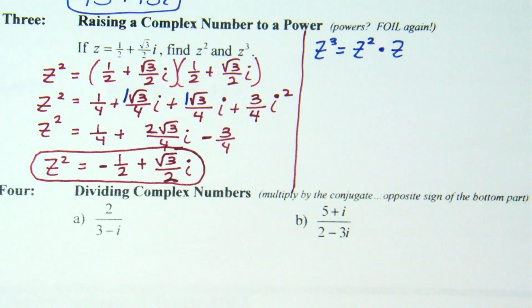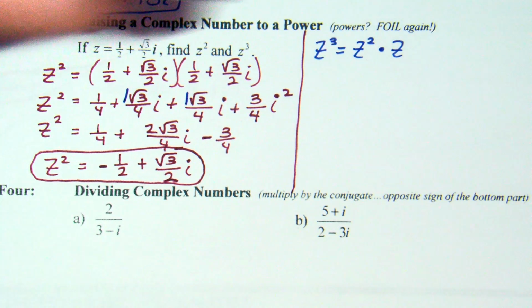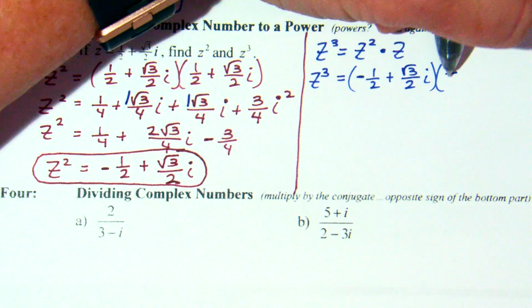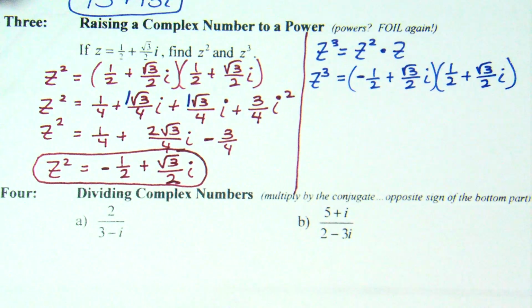Positive 1/2 plus radical 3 over 2i. Okay, so we're there. First, negative 1/2 times positive 1/2. Negative 1/4.